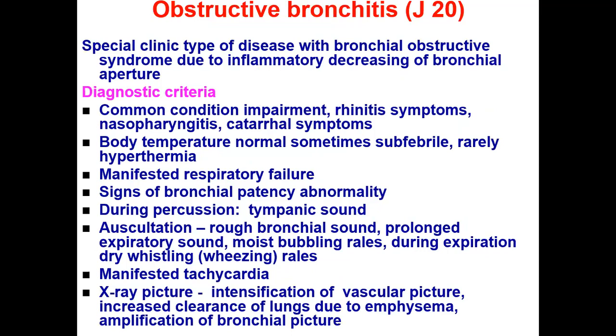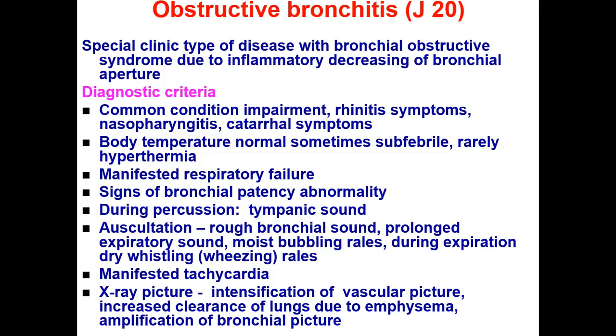Obstructive bronchitis. Diagnostic criteria: it is an obstructive disease with a bronchial obstructive syndrome due to inflammatory decrease of bronchial aperture.